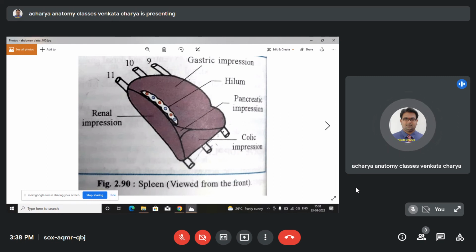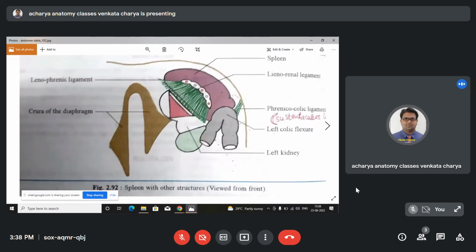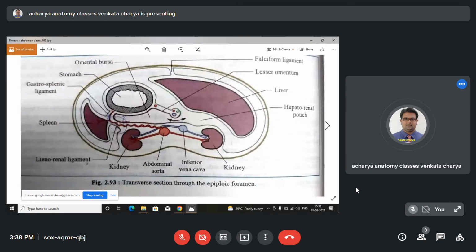This is a 10 marks question; you have to draw the diagram. Another one: the ligaments of the spleen. Number one, gastrosplenic ligament.